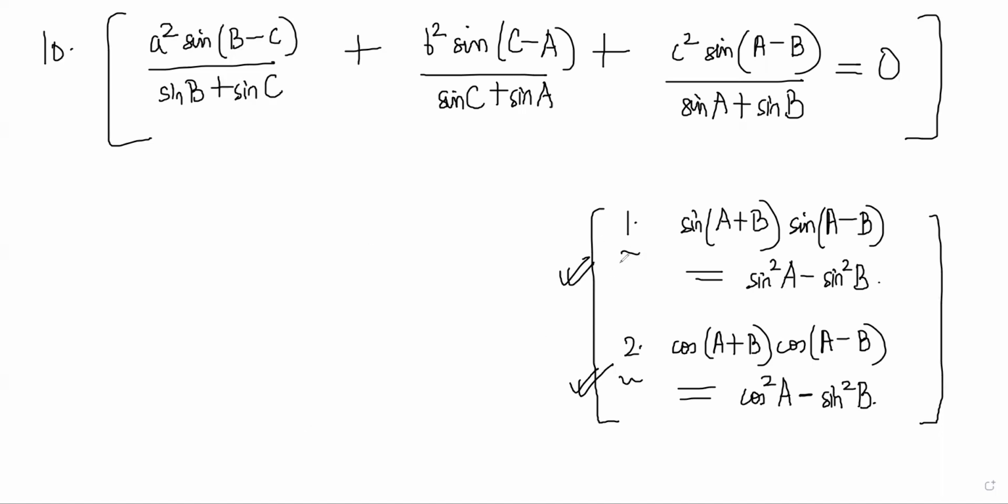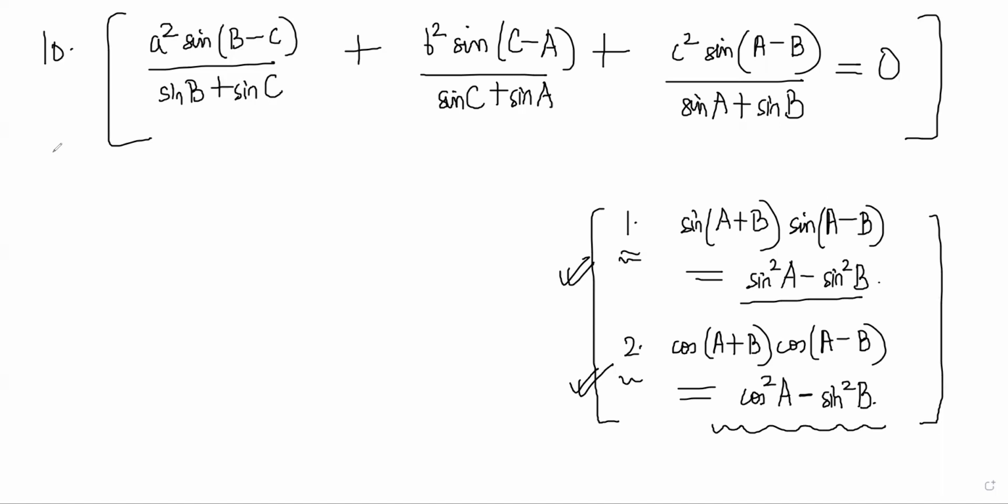Are you getting something for 1 and 2? Yes, proved one. Just expand it, multiply it, you should be able to get it, right? Similarly, 2 also you can do. Now we'll use this identity here.